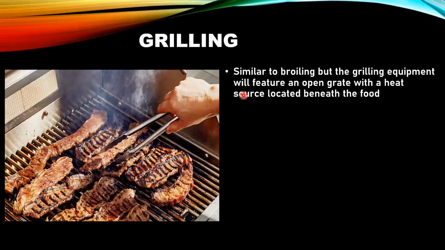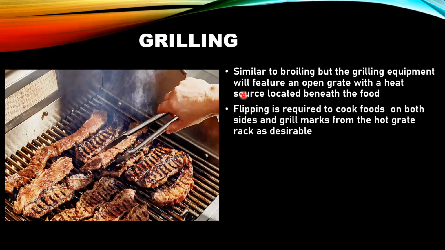The third one is grilling. Grilling is similar to broiling, but the grilling equipment will feature an open grate with a heat source located beneath the food. When grilling, one is required to flip the food to cook on both sides, and grill marks from the hot grate racks are desirable.